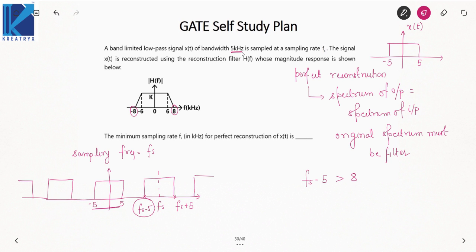It will pass frequencies up to 8 kilohertz, but it should not pass any copy of the spectrum. It should only pass the original one for perfect reconstruction, and that is why this edge of the next spectrum should lie outside the filter range. So it will be 13. The answer would be 13 kilohertz.